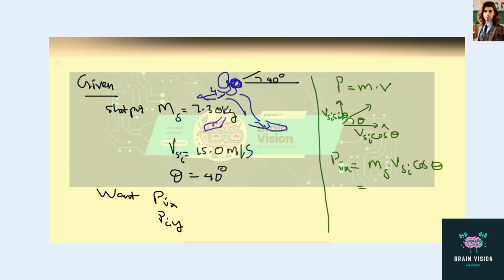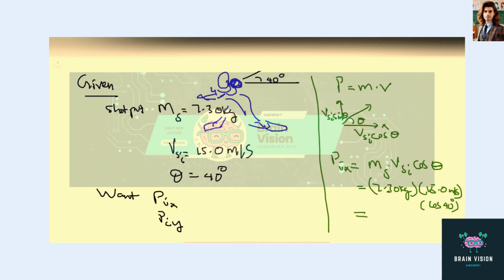That gives us the mass, 7.3 kilograms, and the velocity, 15 meters per second, multiplied by cosine of theta, where theta is 40 degrees.